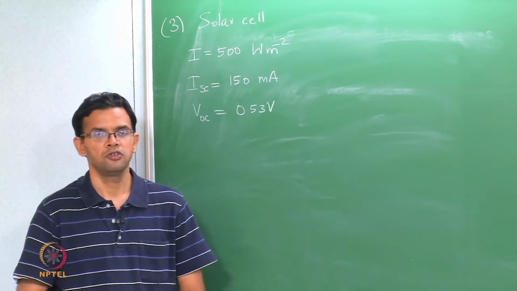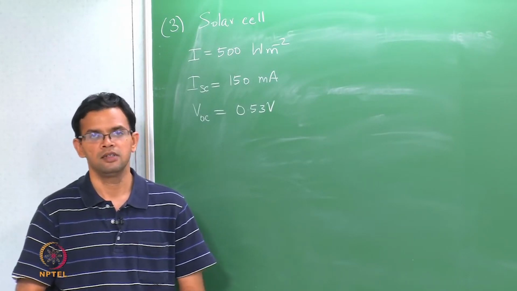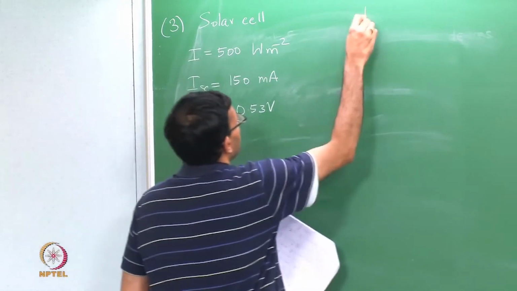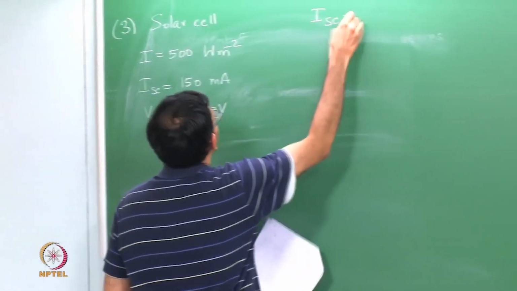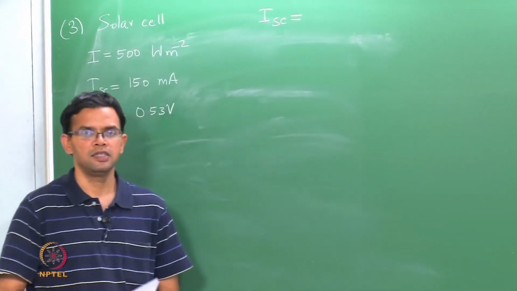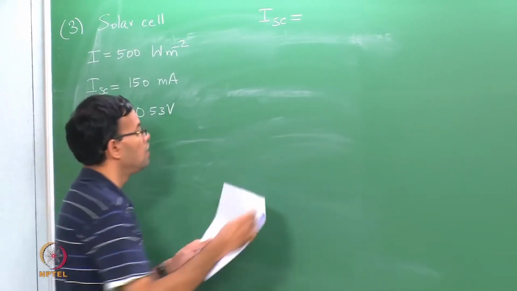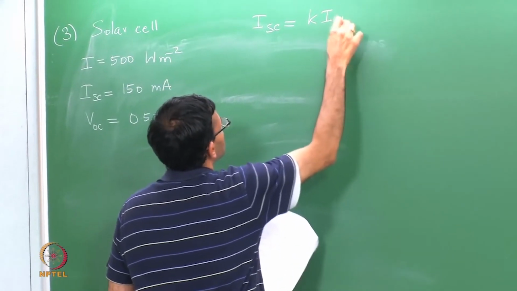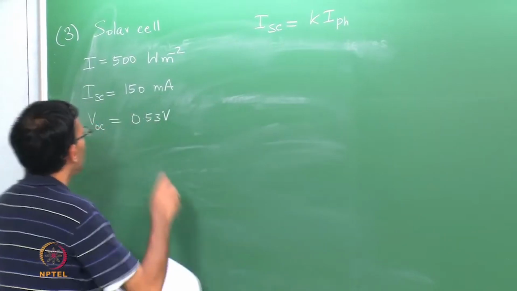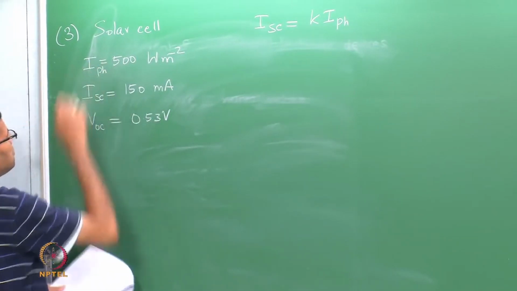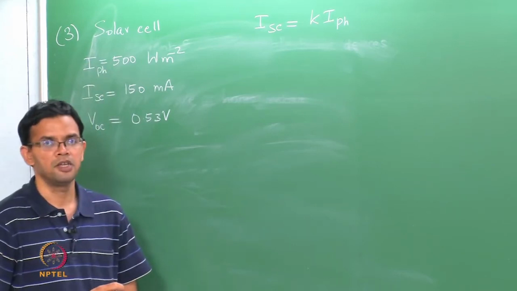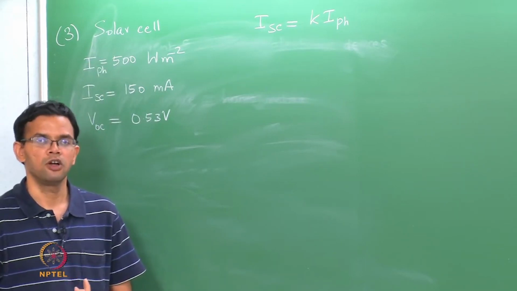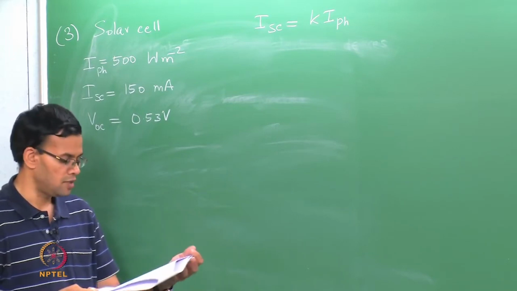So, the short circuit current is essentially the current when the voltage is equal to 0, and ISC is proportional to the intensity of the light that is falling. So, typically it is equal to some constant times IPH. IPH, let me write the subscript here, is nothing but the intensity of the photons that is falling onto your solar cell.